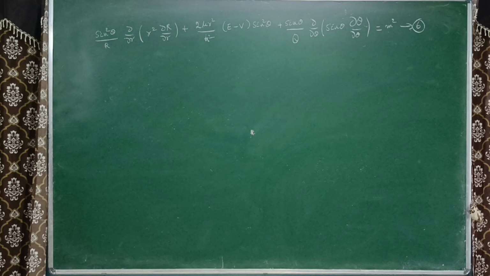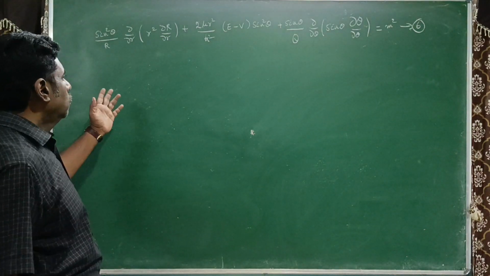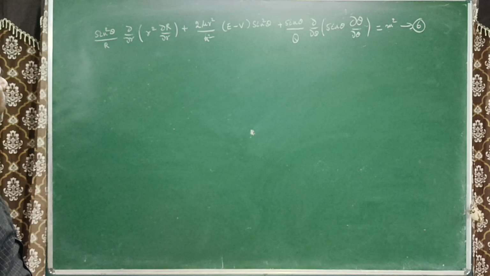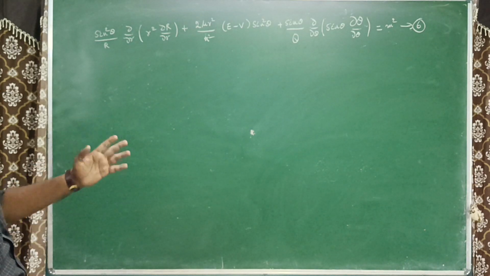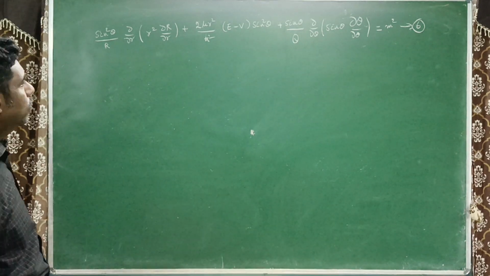To get the r and theta equations, divide equation 6 by sin square theta.